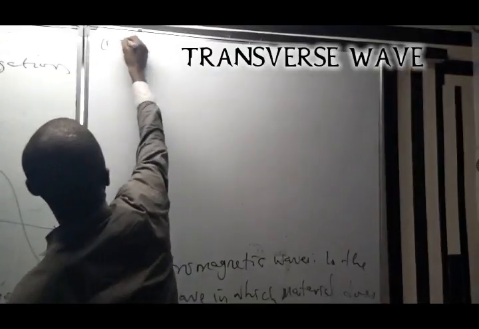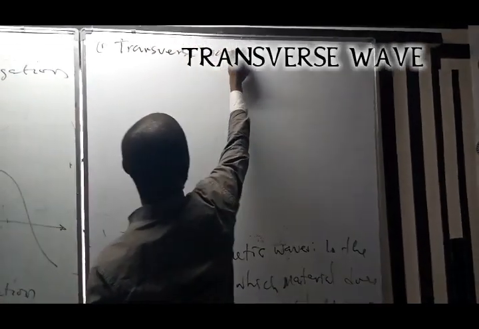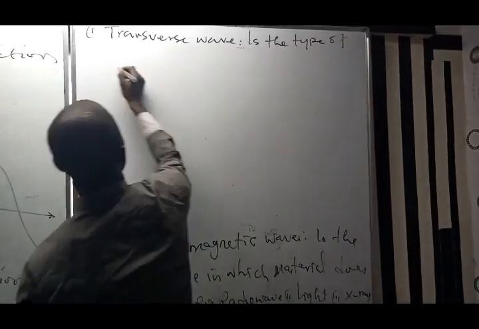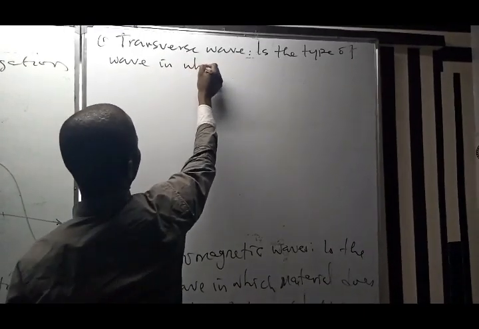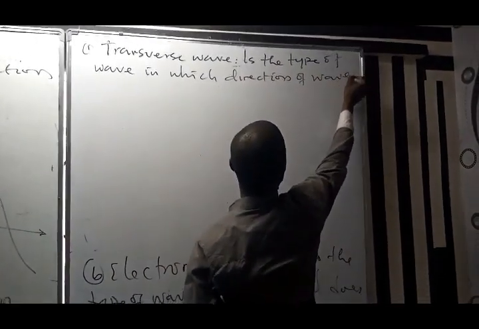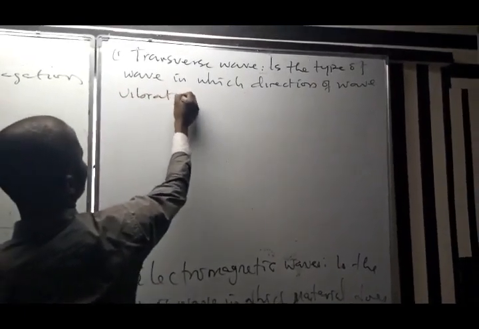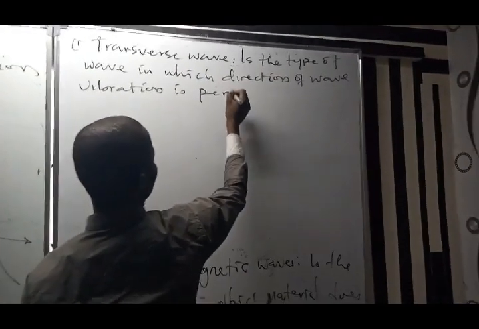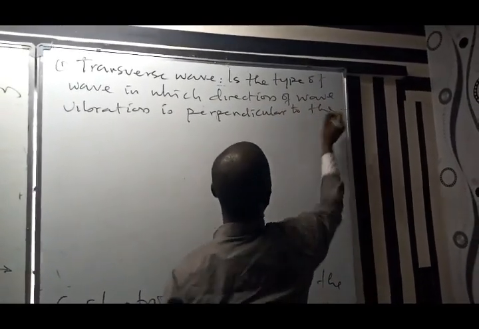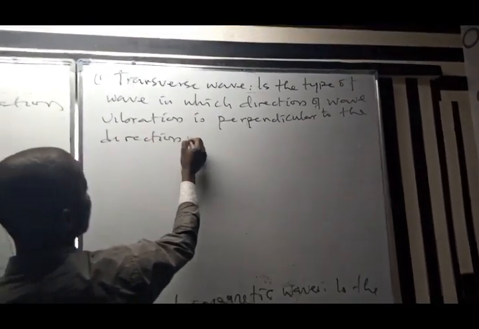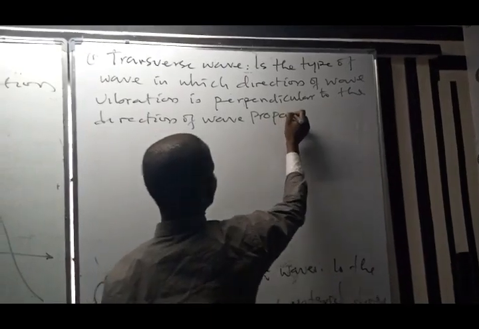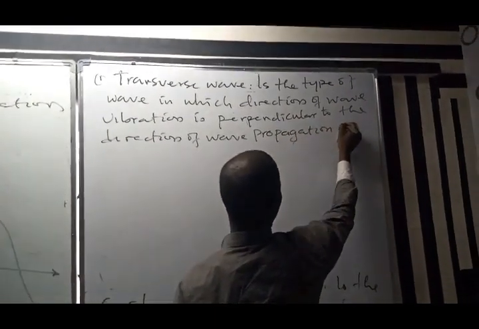That is, transverse wave is the type of wave in which the direction of wave vibration is perpendicular to the direction of wave propagation or transmission.